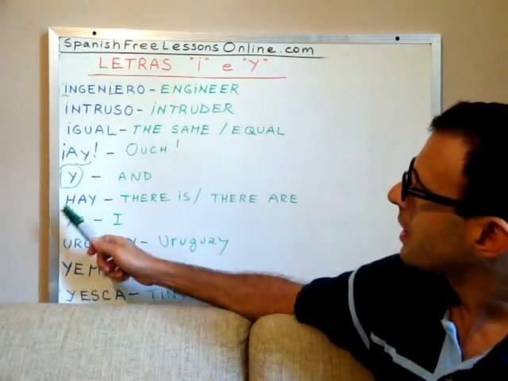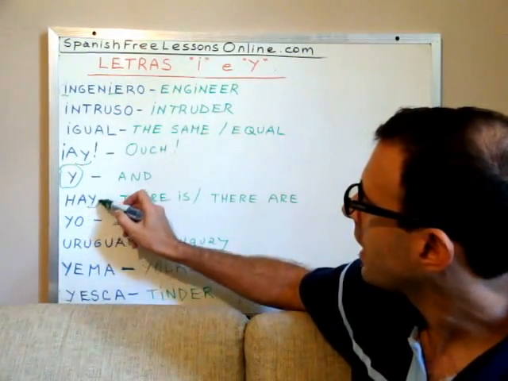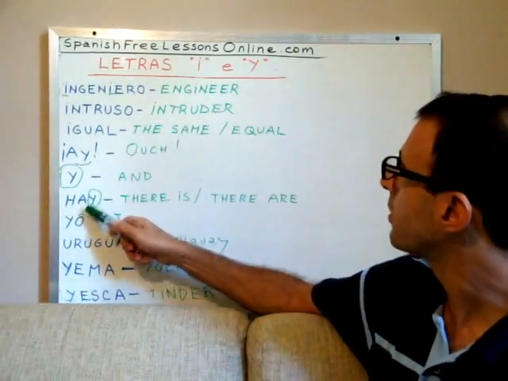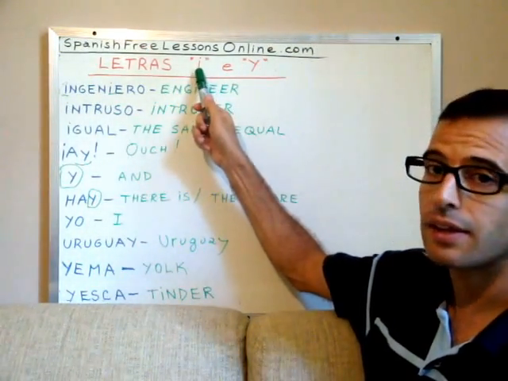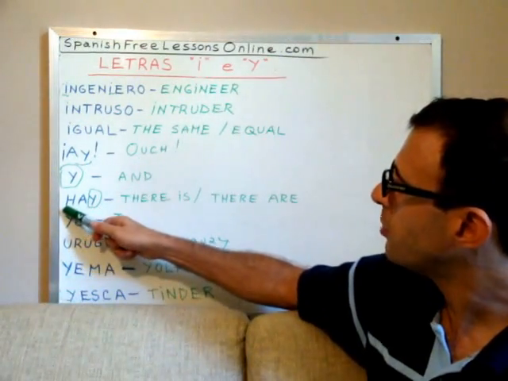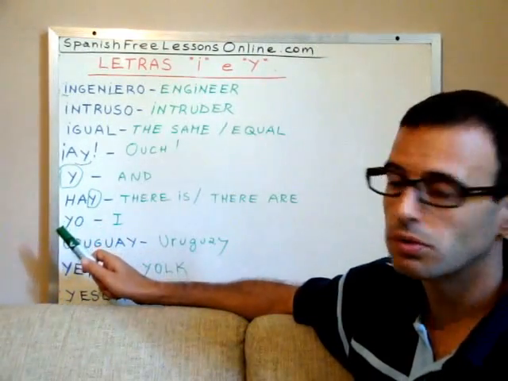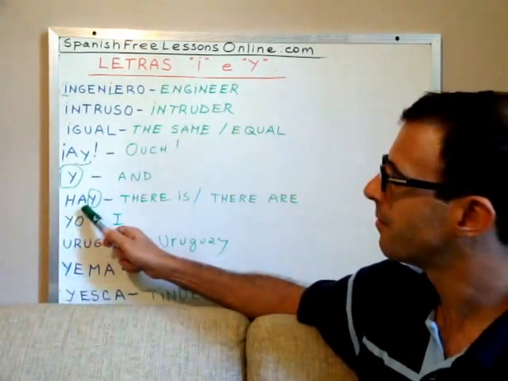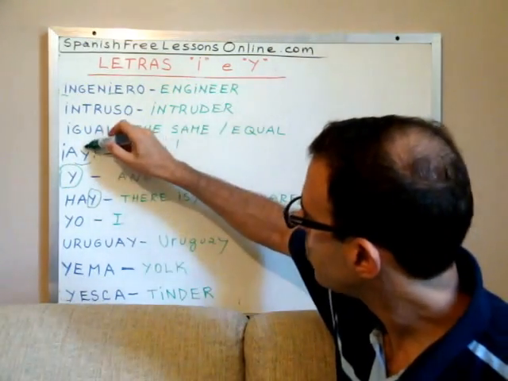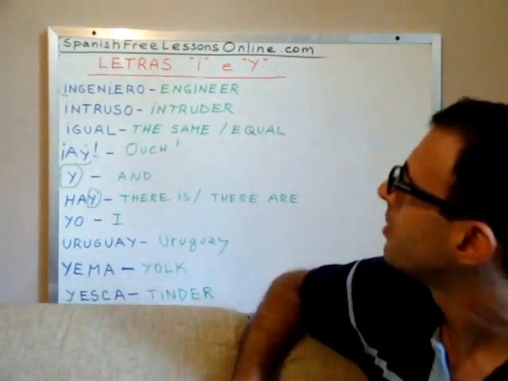Also, here we can see Y at the end of a word, and it's also pronounced like letter I. So this is read hay. Remember that the H is always mute, okay? This is I. So these two words are pronounced exactly the same, right?